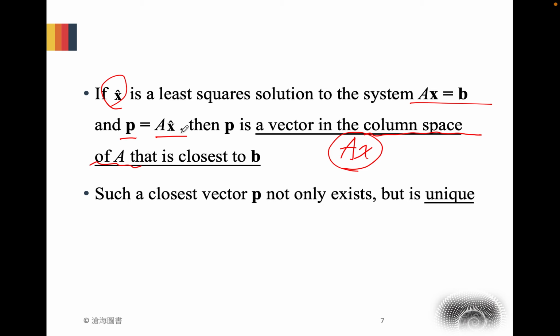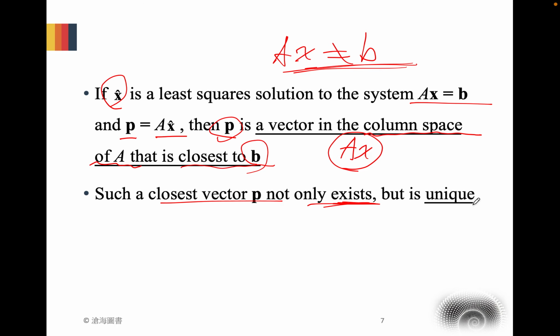And of course, when we substitute x by x hat, and p equals Ax hat, then p obviously should be a vector in the column space of A, and it is closest to the vector b, because right now Ax would never be equal to b, so there's no solution for this linear system. Such a closest vector p not only exists but is also unique.